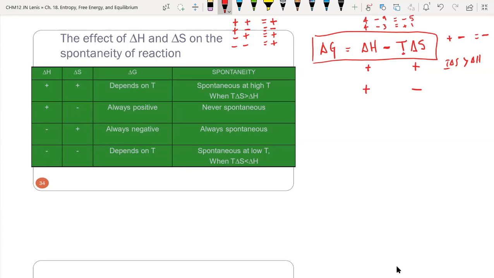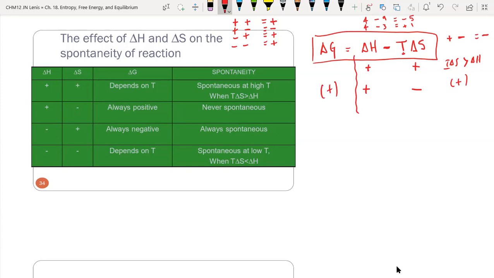Any combination of this is going to be always positive, because negative times negative is positive. Positive and positive is positive. So delta G here will be positive.